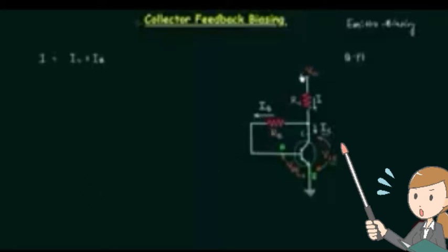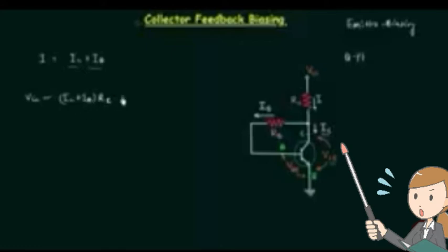Now I will find the base current by applying the Kirchhoff voltage law in the input loop. We have VCC minus (IC plus IB) multiplied with RC, the drop across RC, since I is equal to IC plus IB.